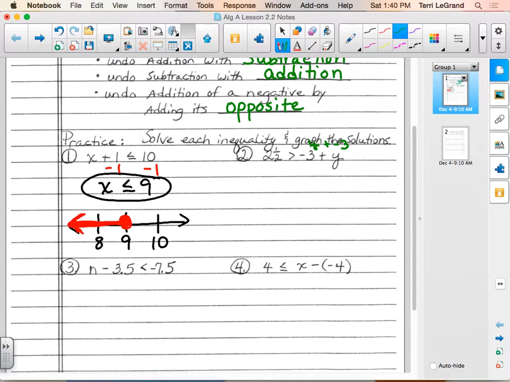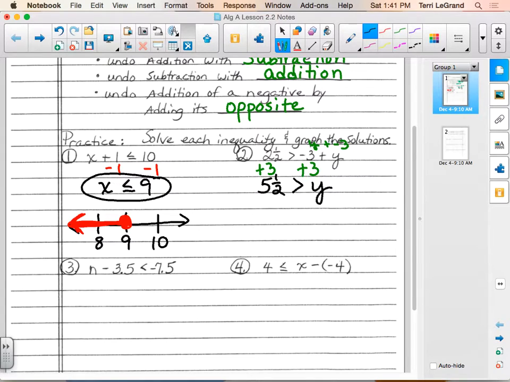So we have a negative number being added to y, so we're going to add the opposite of that to undo it. We're going to add 3 to both sides. We have 5.5 over here. We have to keep the order that this inequality is in. 5.5 is greater than y.